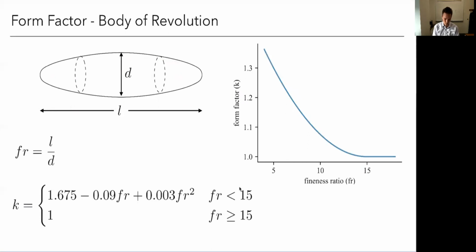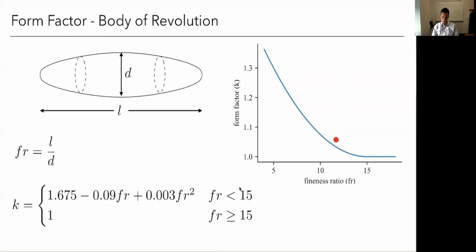So I'm going to define this parameter called the fineness ratio. It's just a ratio of that length to diameter. And then I can plug it into this formula to get my form factor. And so what you can see is that as the fineness ratio gets really large, right, it's very long compared to the diameter, then this approaches 1, which just means, as you'd expect, as this becomes really lengthy, it basically acts like a flat plate again.